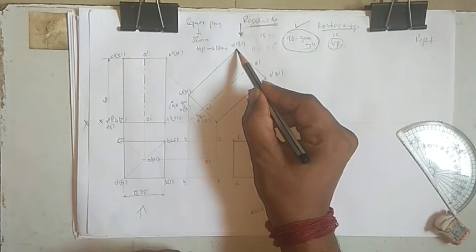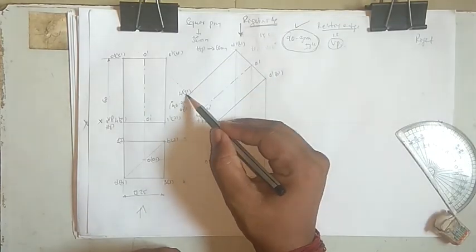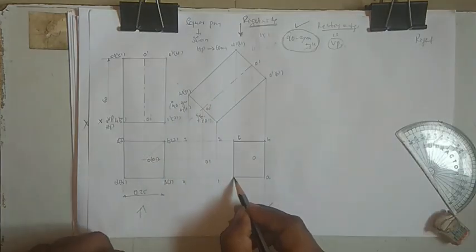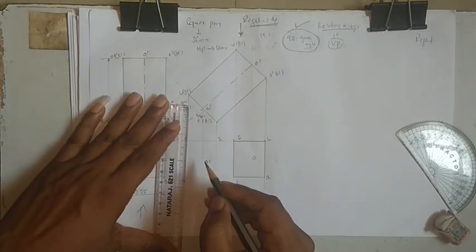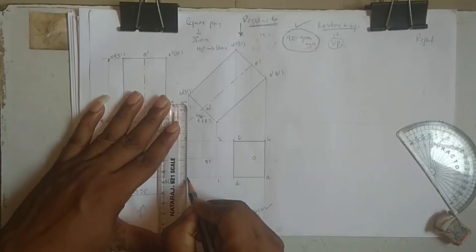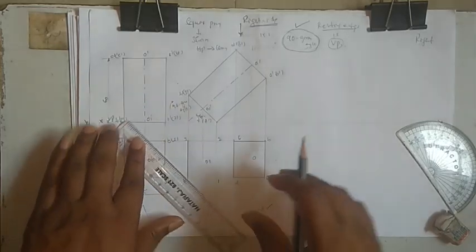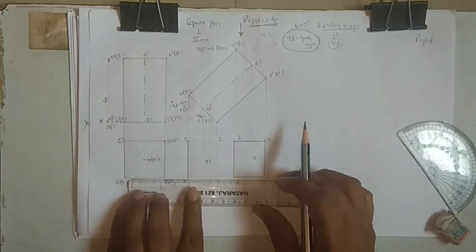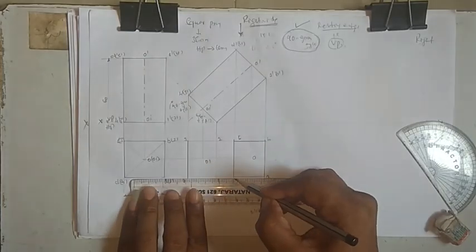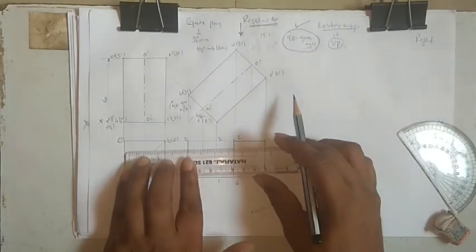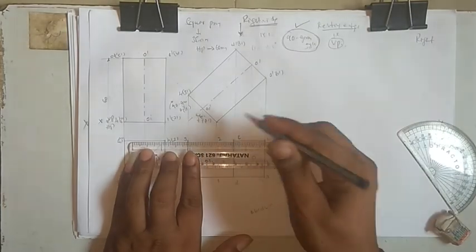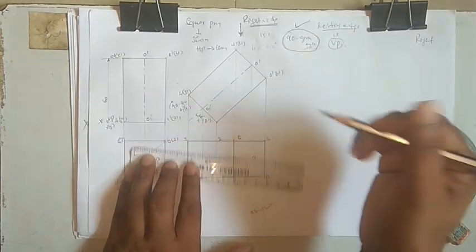Once it is done, you see here DC is connected to the 4, 3. So D, C, 4, 3, you can just connect here. And connecting those lines, 4 to D and 3 to C, it is visible. Why?